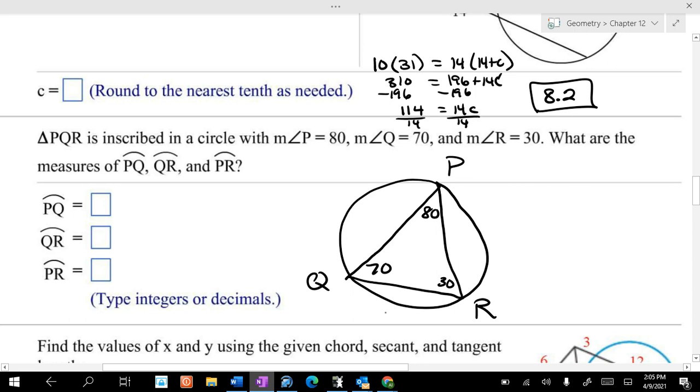If this is 80, what's arc QR? 160. What's arc QP? Do these add up to 360? Yes, they do. 60, 160, and 140.